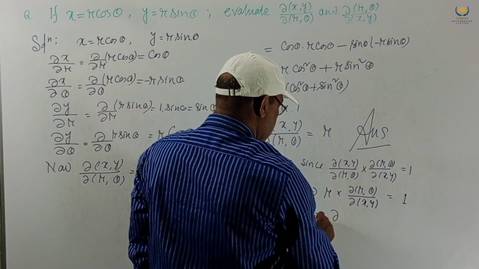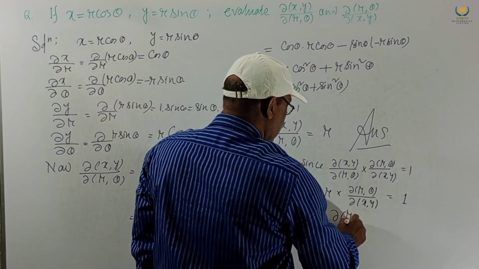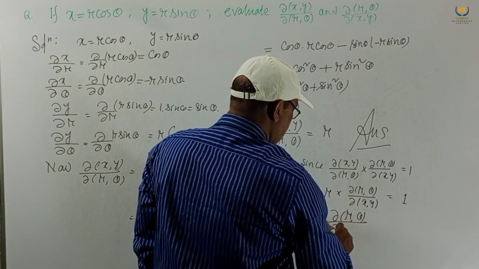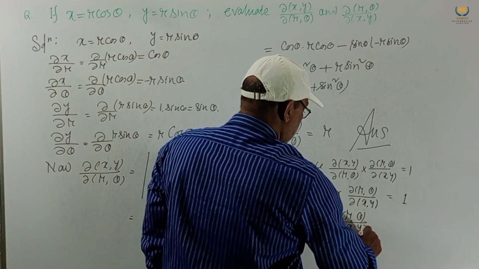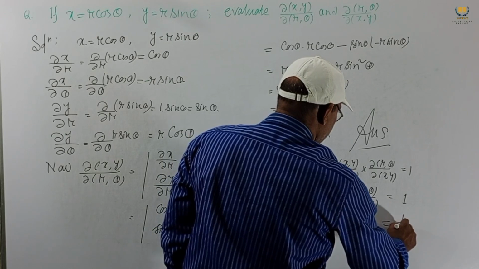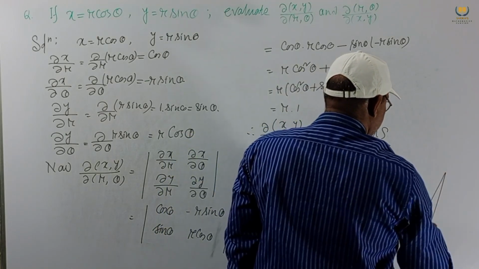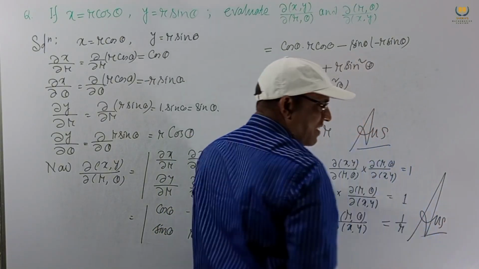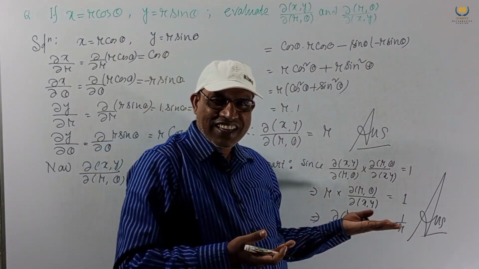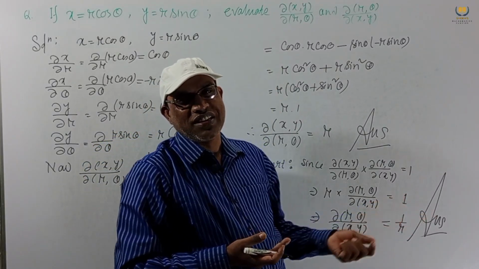So this implies ∂(r,θ)/∂(x,y) equals 1 by r. And this is our answer. Very nice solution, very easy, very interesting also.